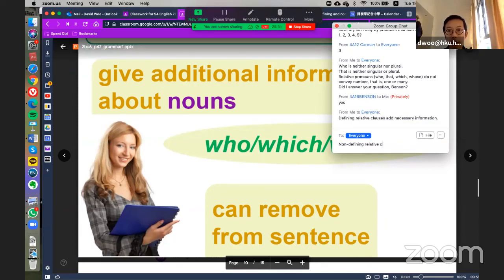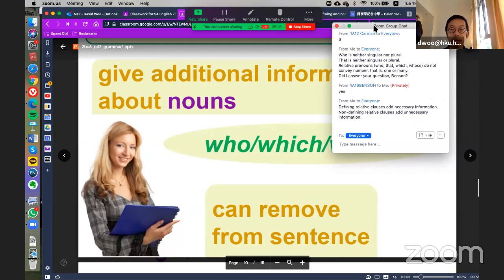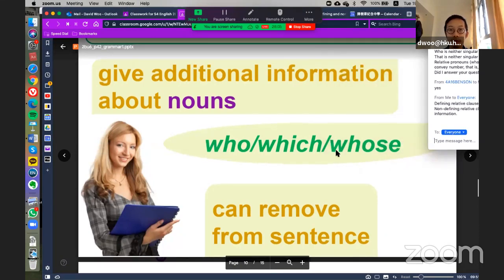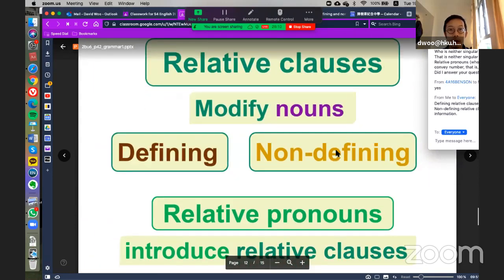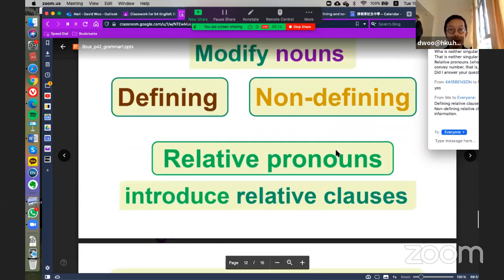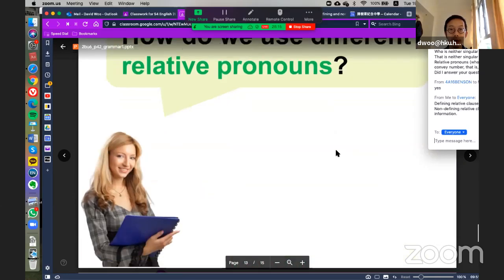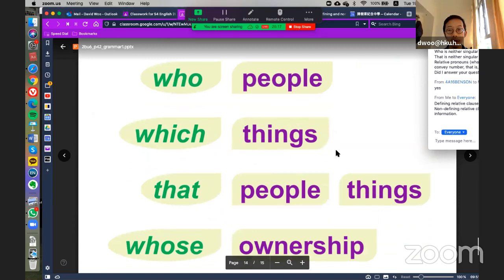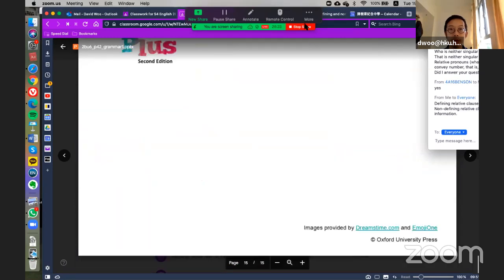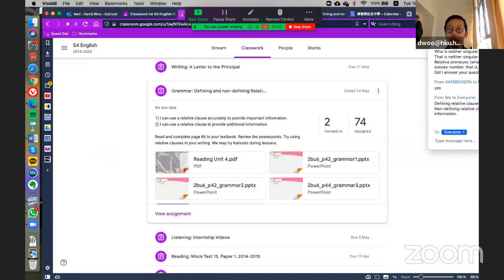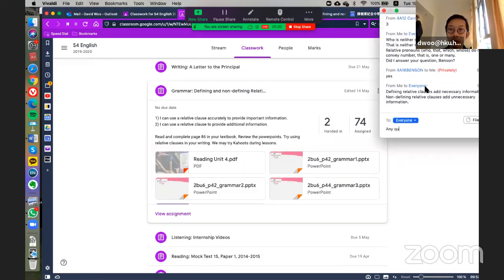Non-defining relative clauses add unnecessary information. What are relative clauses? Okay. Two types, and they connect sentences. How do we use relative pronouns? Okay, so that's a review. People, things, and ownership. All right. Questions?